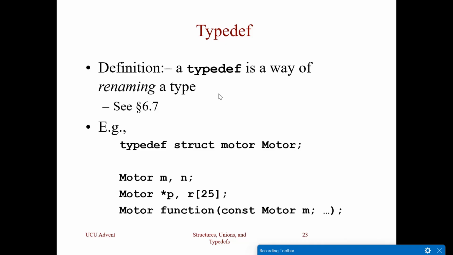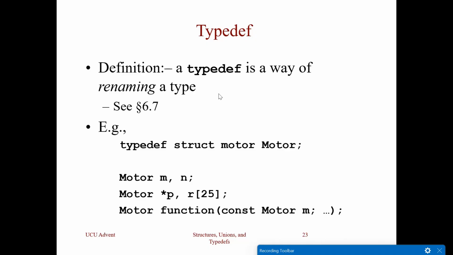If you're looking at using typedef, typedef is a way of renaming a type. You need to look at either Deitel or Kernighan and Ritchie to understand much better what typedef is.